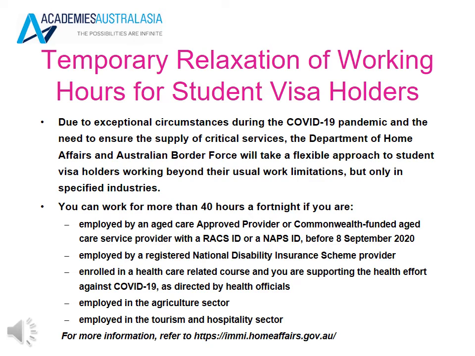Employed by a registered National Disability Insurance Scheme provider, enrolled in a healthcare related course and you are supporting the health effort against COVID-19 as directed by health officials, employed in the agriculture sector, employed in the tourism and hospitality sector. For more information, please refer to the website.